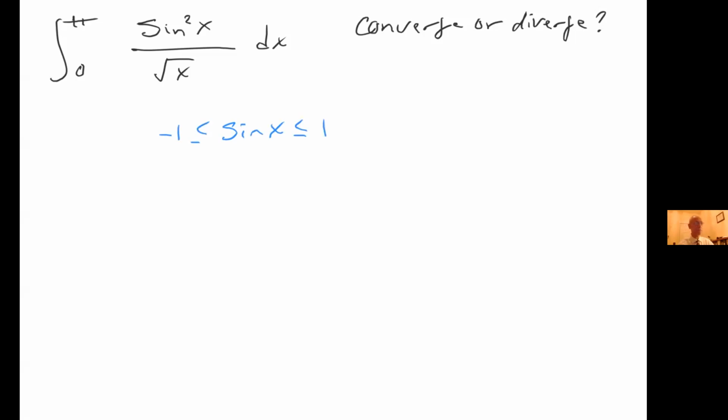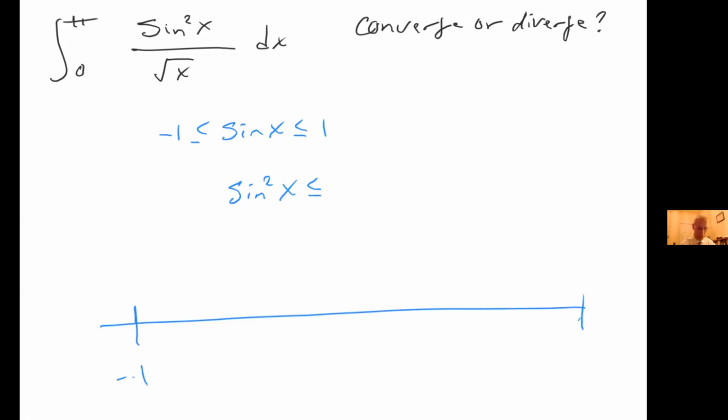Now if I square all three sides, I have to be careful. What happens if I square sine of x? Let me put a number line in here. This is -1 and this is positive 1, and of course 0 here.